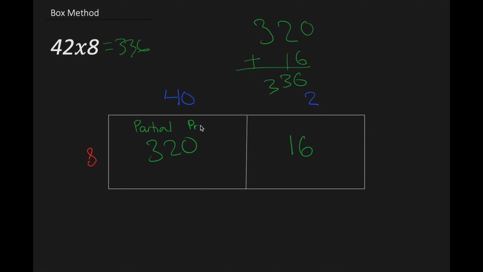Each one of these is a partial product. And we added those together to get 336.